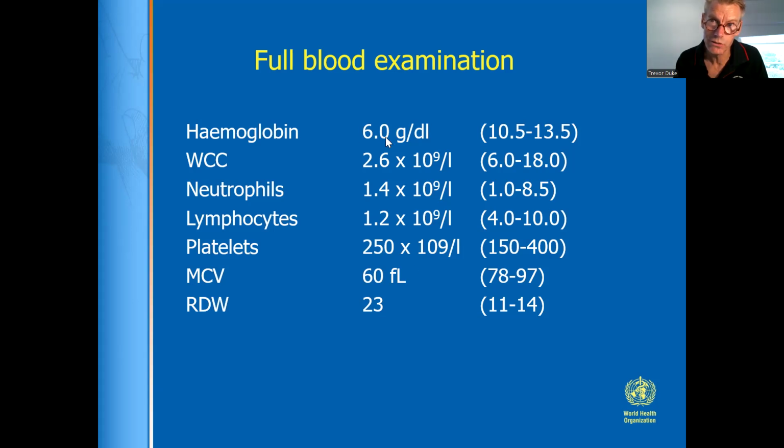So those three things are low hemoglobin, a low MCV, and a high red cell distribution width, with which you would say you don't need to measure his serum iron or anything like that. You can tell from that he's got iron deficiency anemia, and you can infer from his low white cells, his low neutrophils, his low lymphocytes, that he's got very severe malnutrition with bone marrow suppression and may well have an infection as well.